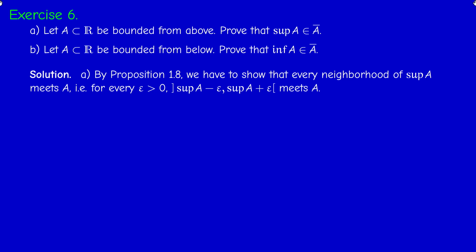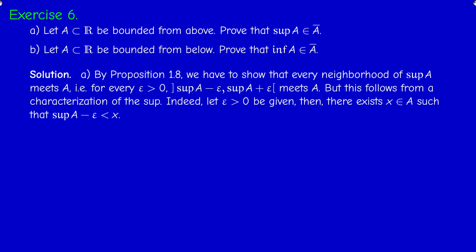This is very easy. It is a consequence of the definition of the supremum. The supremum is the smallest upper bound, so anything smaller is not an upper bound. So if you take epsilon positive, there exists an element x in A which is bigger than sup A minus epsilon. This translates the fact that sup A minus epsilon is not an upper bound.